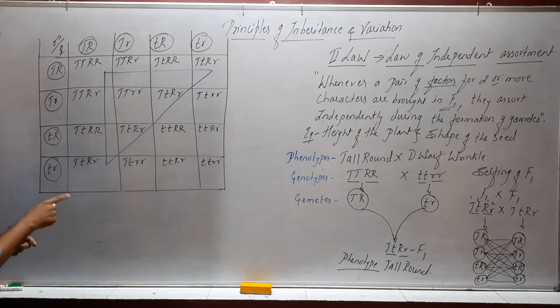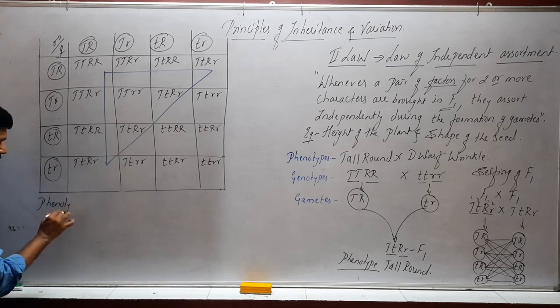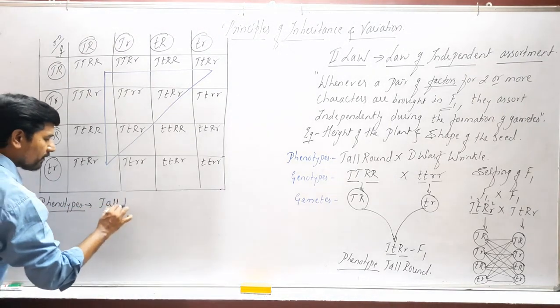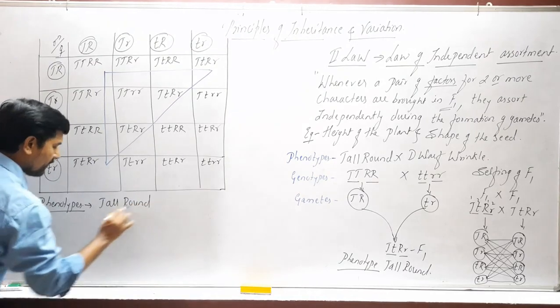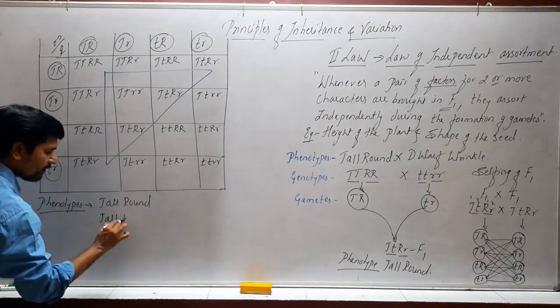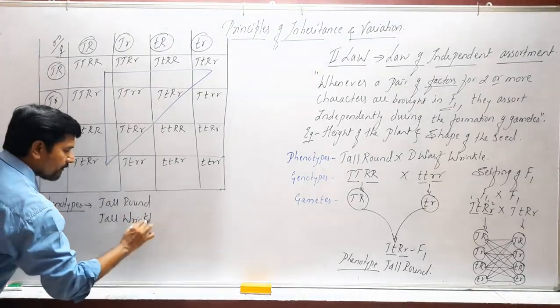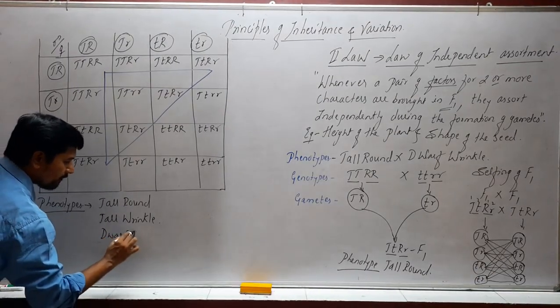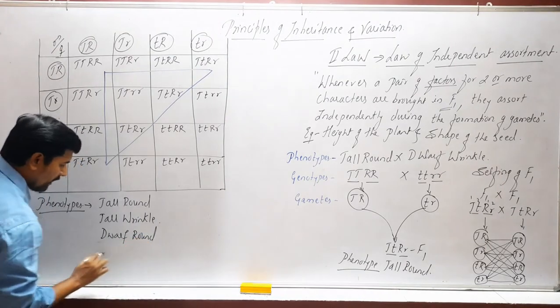Then based on this we can write the phenotypes also. In the phenotypes, what do we write? Tall round, then tall wrinkle, then dwarf round and dwarf wrinkle.